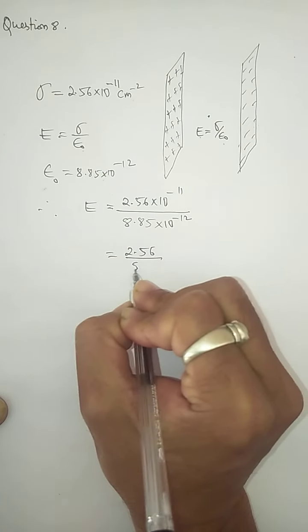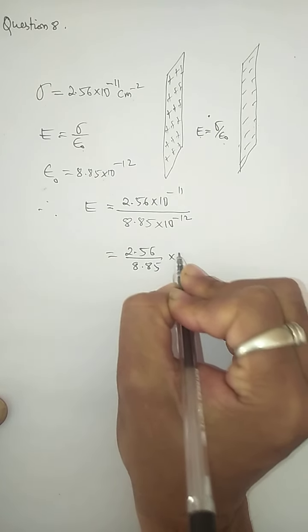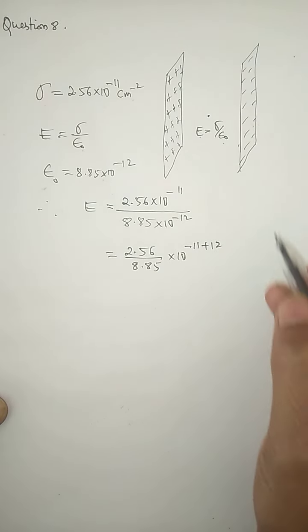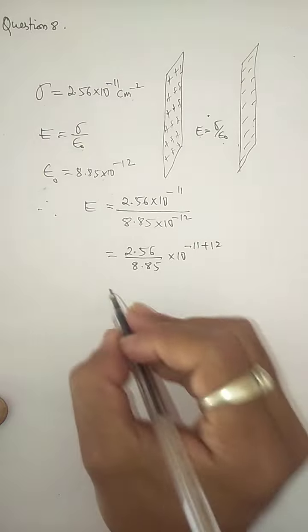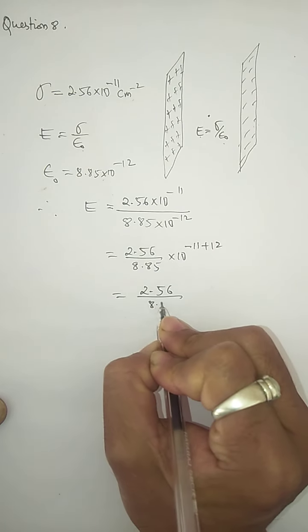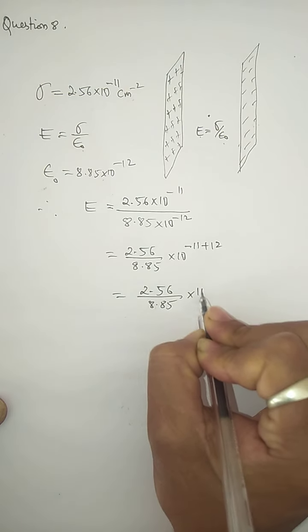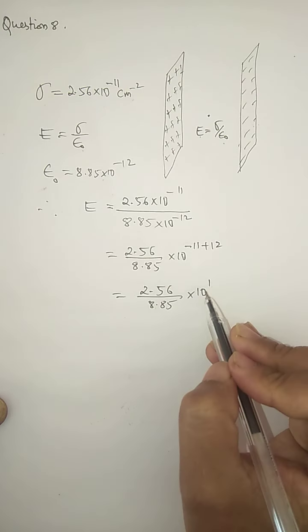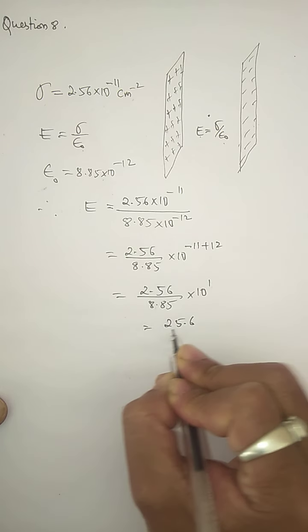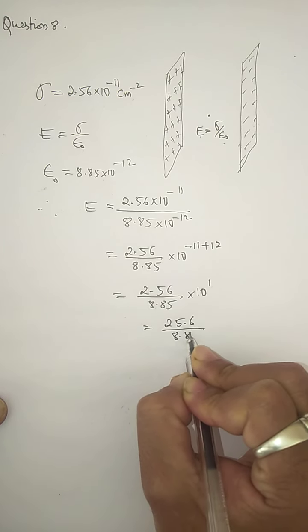So 2.56 by 8.85 into 10 to the power minus 11 plus 12, because 10 to the minus 12, if it goes to the numerator, it will be plus 12. So 2.56 by 8.85 into 10, since 12 minus 11 is 1, so this will be 25.6 by 8.85.